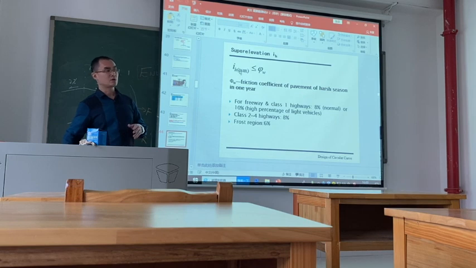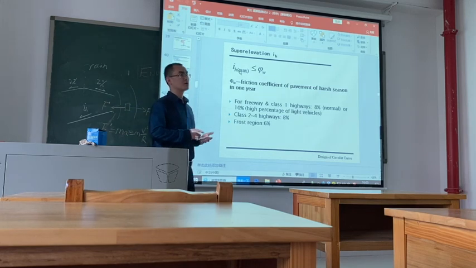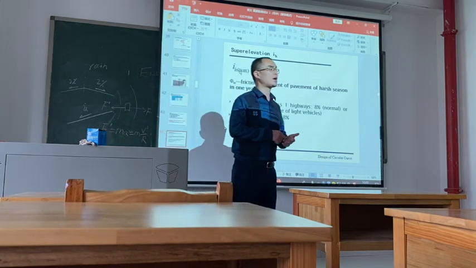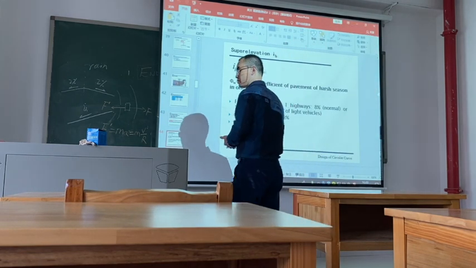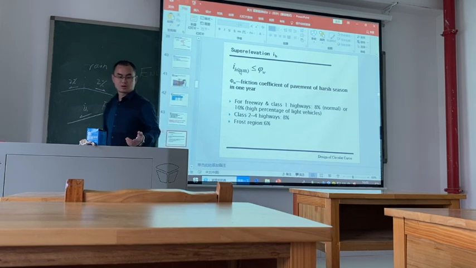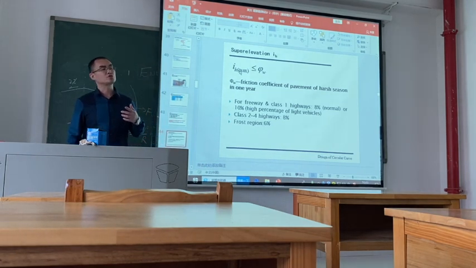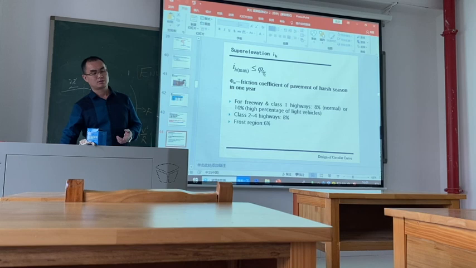How to determine the value of IH? The formula: the maximum IH is less than or equal to cosine W, the friction coefficient of pavement in the harsh season of the year.